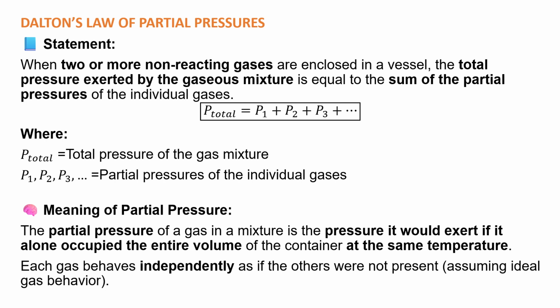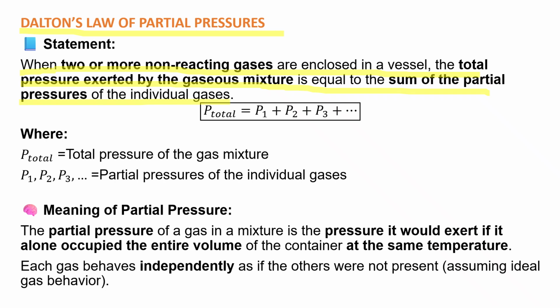And the last one is Dalton's law of partial pressure. The statement is, when two or more non-reacting gases are enclosed in a vessel, the total pressure exerted by the gaseous mixture is equal to the sum of the partial pressures of the individual gases.